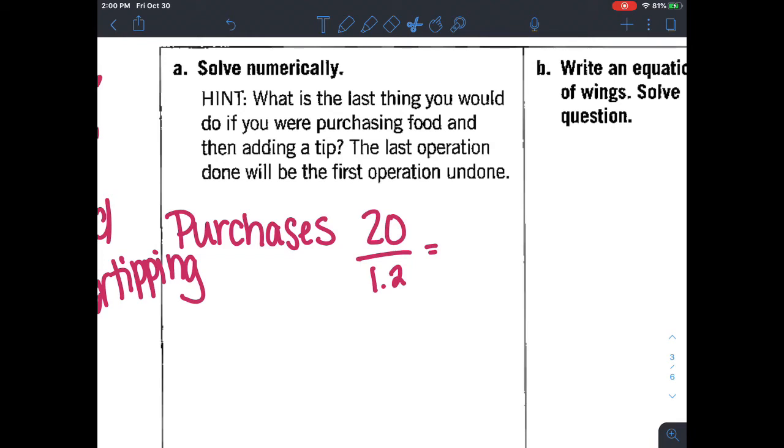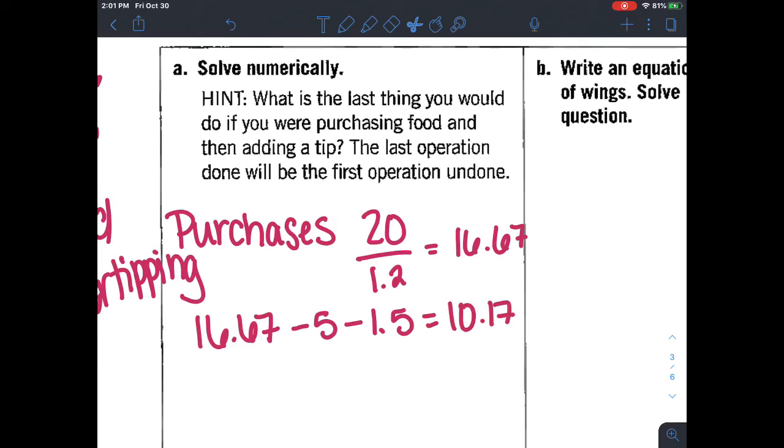Okay, purchases, $20. From that $20, we're going to leave a 20% tip, meaning that we have $16.67 to spend on our food. So from that $16.67, we're going to subtract off the $5 beverage. We're going to subtract off the $1.50 dressing.